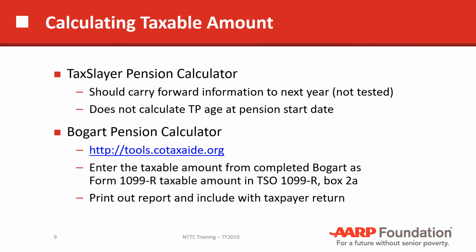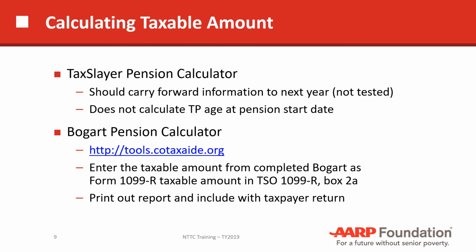So calculating the taxable amount, we have two different calculators that we need to talk about. First of all is the pension calculator within TaxSlayer. So when we enter a 1099-R within TaxSlayer, we have a button that we click on that brings up a pension calculator, and we input all of those things that we had just gone through in the previous two slides.